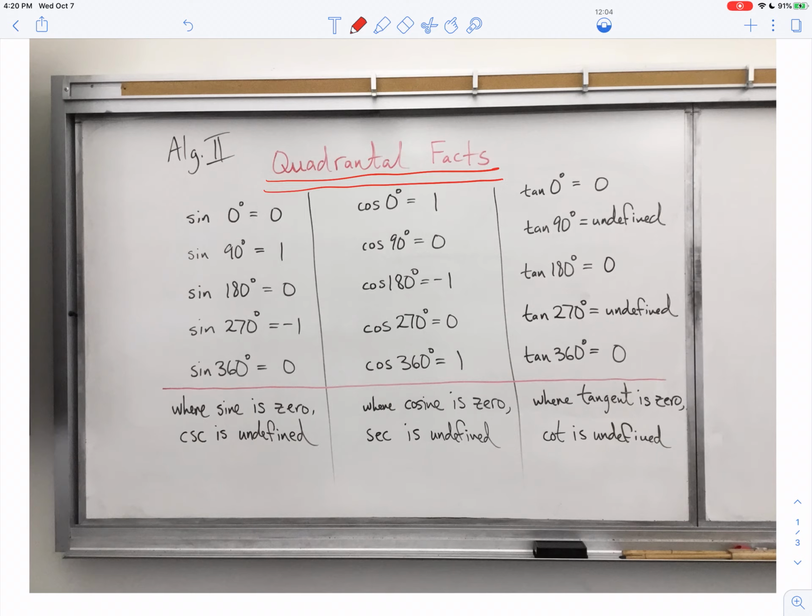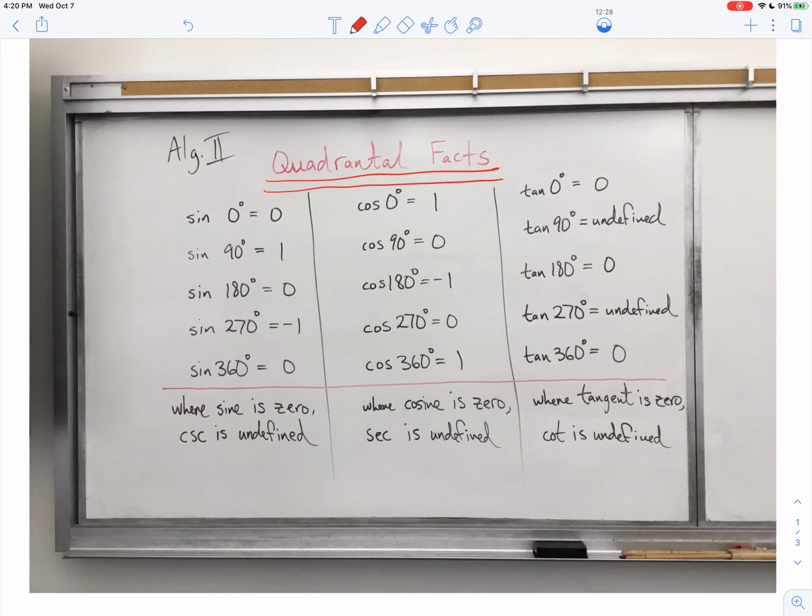So all quadrantal angles are the ones that are 0, 90, 180, 270, or 360, or any multiple of that. I know that a 720-degree angle will land me at the same spot as a 0-degree angle. So any of these angles, there's a pattern to them.